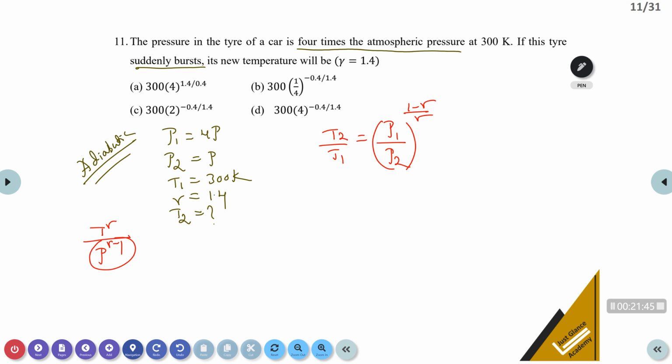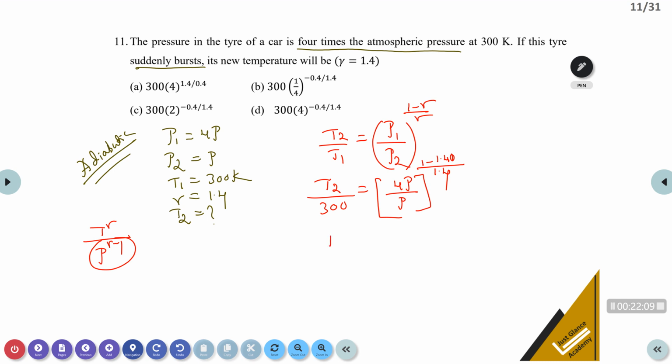Now substitute this. T1 is 300. P1 is 4P, divided by atmospheric pressure P, raised to 1 minus 1.4 divided by 1.4.